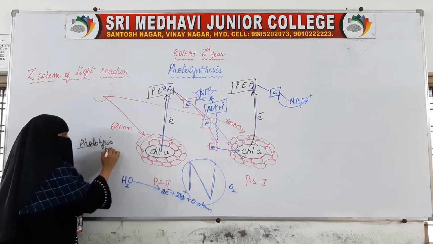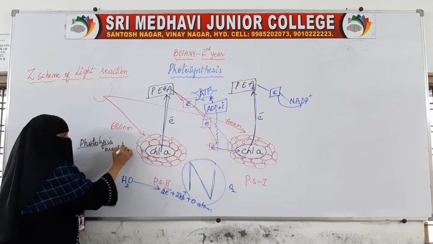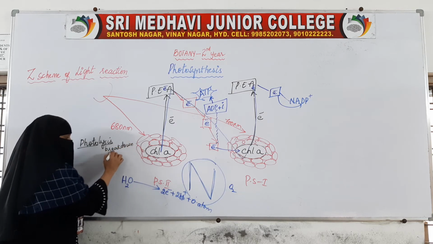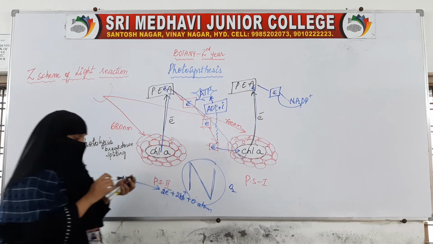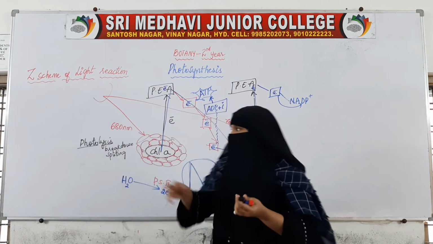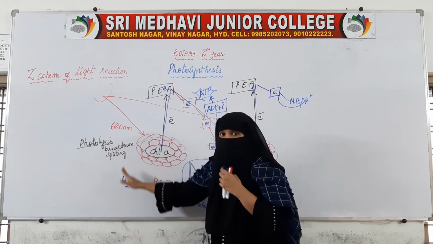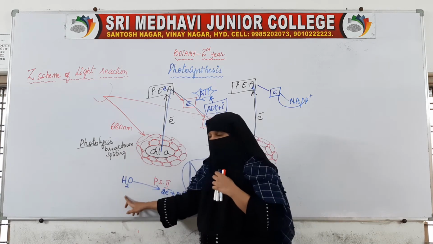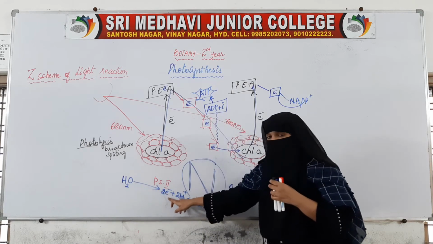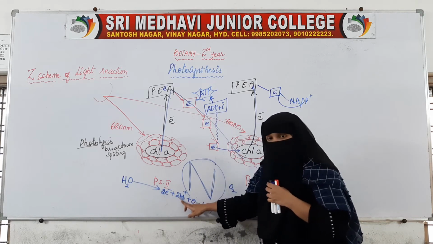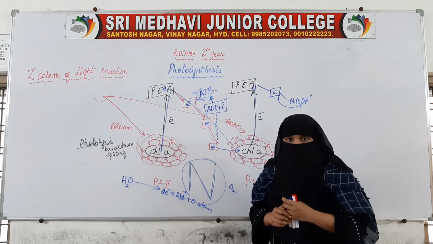Lysis means breaking down or splitting. So here, by taking energy from the sun, this water molecule is broken down. When the water molecule breaks, it releases a pair of electrons, a pair of protons and an oxygen atom.